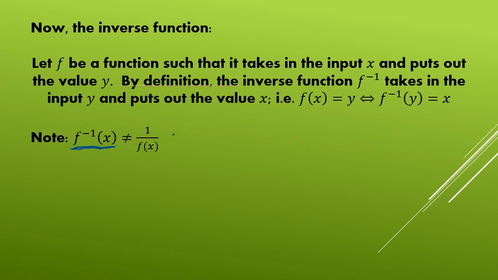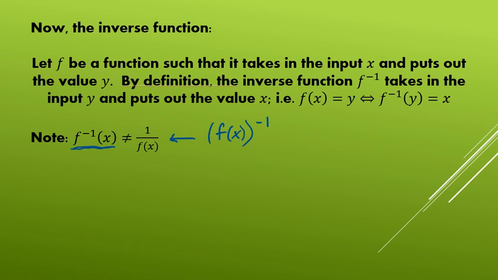If I wanted to talk about this thing, we would write f of x raised to the power -1, where the entire function is in parentheses. This is the reciprocal, this is the inverse. Do not make that mistake. It is not just 1 over whatever your function is.